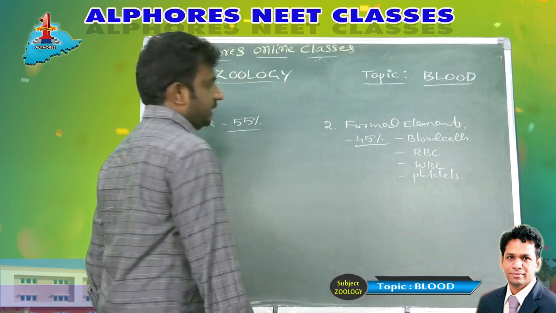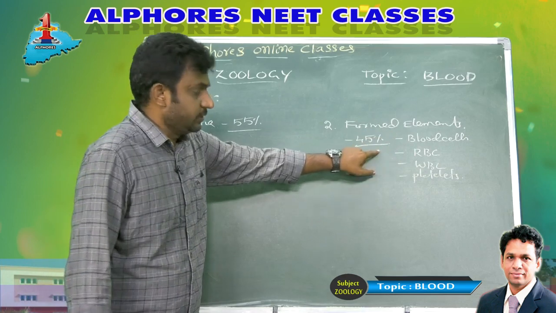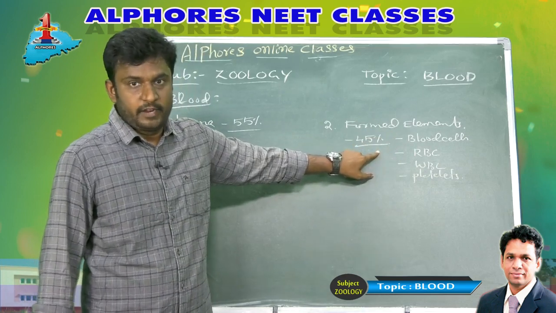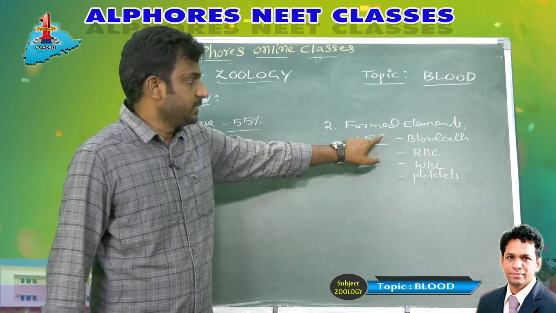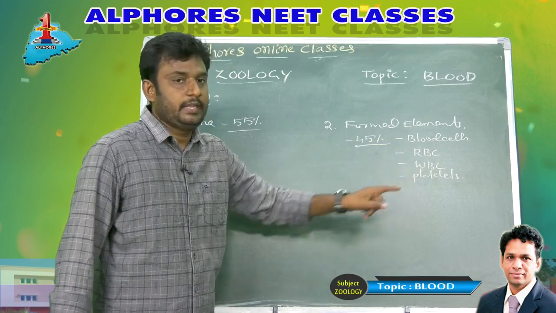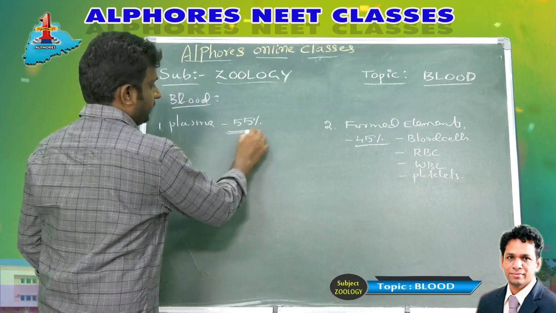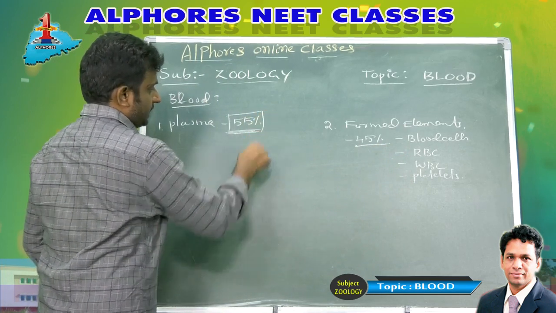RBC, WBC, and platelets are the formed elements which constitute 45% of blood. Then the 55% fluid present in the blood is the plasma.